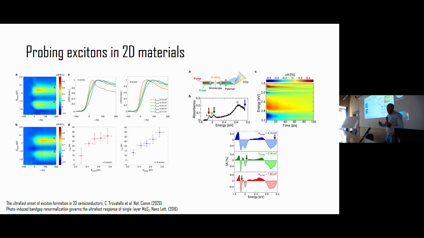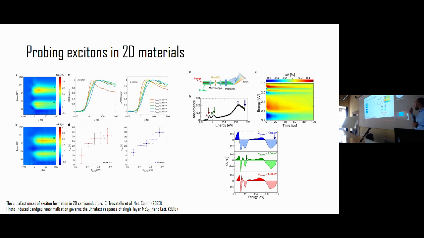You can see this as having generated electron-hole pairs, so they are already occupying available states, and you decrease the absorption of your material. Of course, the effect is small. You can see the percentage, it's 0.4%. It's a small effect, but you can measure it very well, as is shown here.